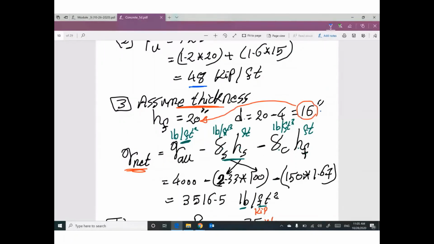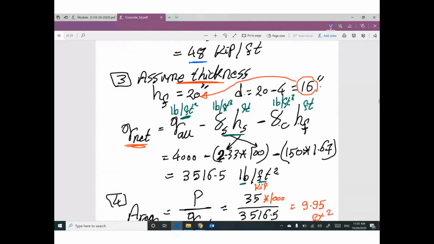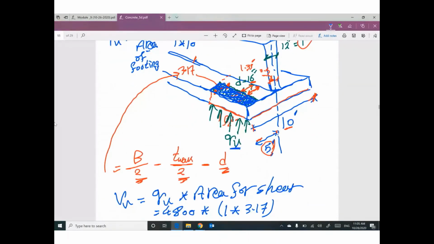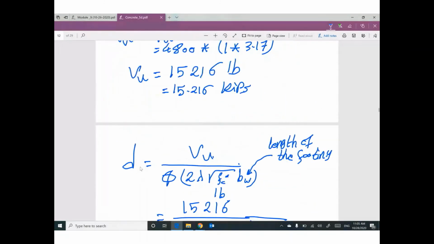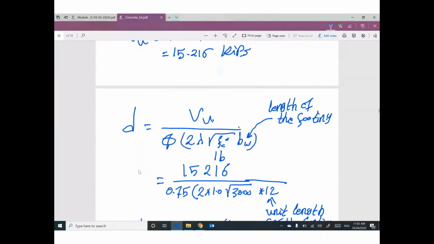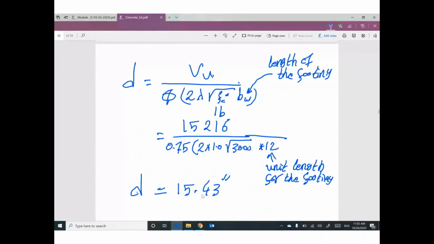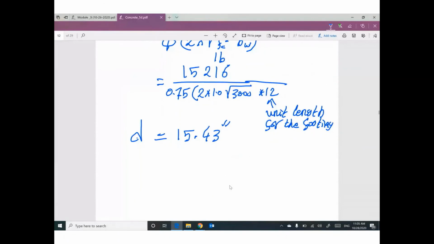And based on this assumption, I calculated the shear force at the critical section, and this shear force V ultimate gives me a required depth equal to 15.43, smaller than 16 that you assumed. You are good. Keep going.